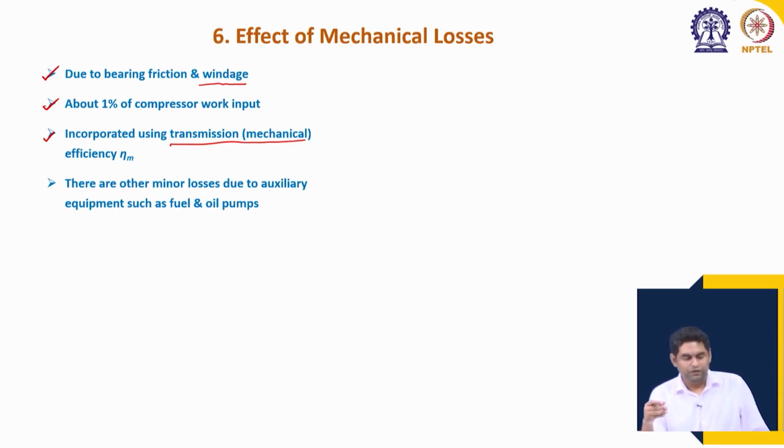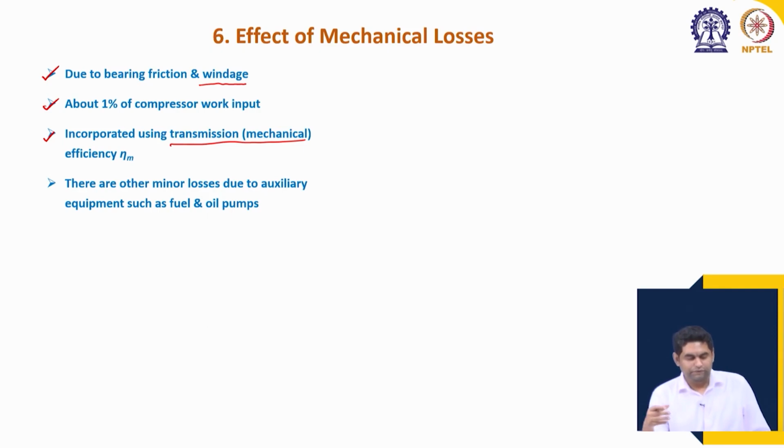Mechanical efficiency or transmission efficiency will be used to quantify how much these losses are. We also need to remember that there are other equipment, which are not directly part of the cycle or not the major components, but still they are necessary components. These are auxiliary equipment like the fuel pump and oil pump. They are present for fuel injection, and oil pumps are there for lubrication.